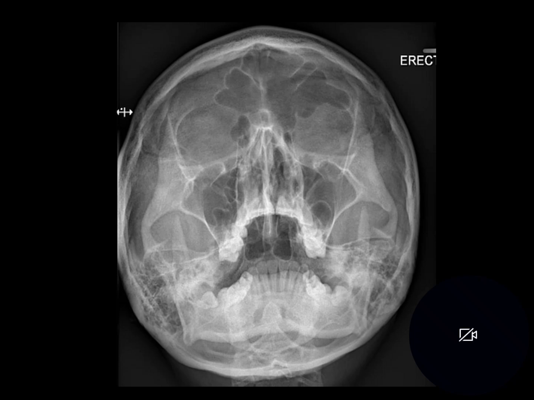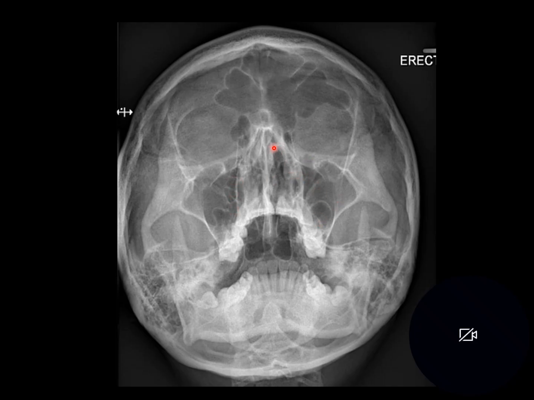So here is a picture showing you the various sinuses. One up at the top here is the frontal sinus. Here is the orbital margin. And below the floor of the orbital margin is the maxillary sinus.